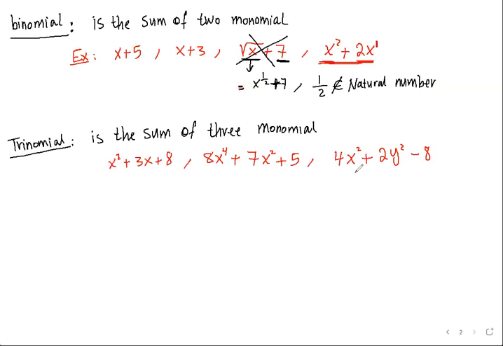No, this is not a trinomial. Why? Because different variables. The variable must be the same. X, X, X, Y, Y, Y. Okay? This is not a trinomial.